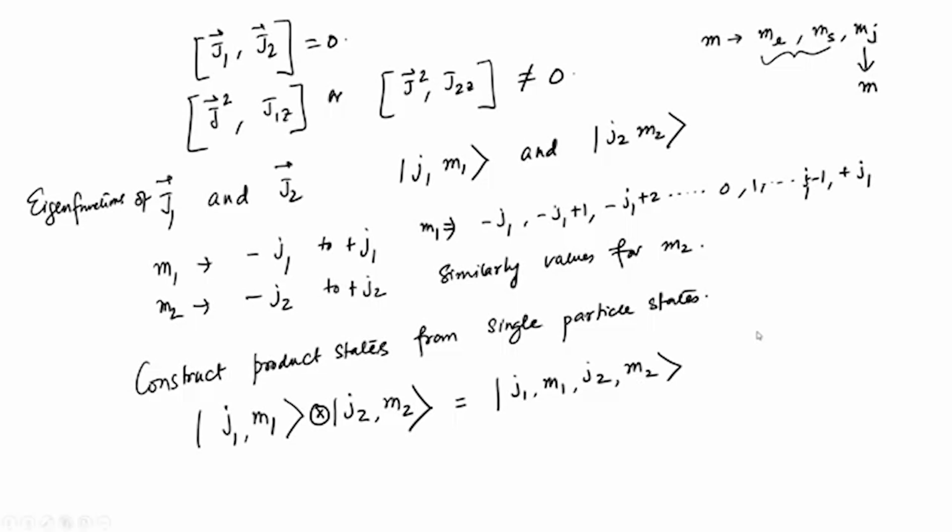So, we have J1 square acting on J1 M1, which gives us a J, and it is so for the product state as well. This can be written as the complete composite state with J2 M2, and this is equal to J1 into J1 plus 1 H cross square, times J1 M1 J2 M2.